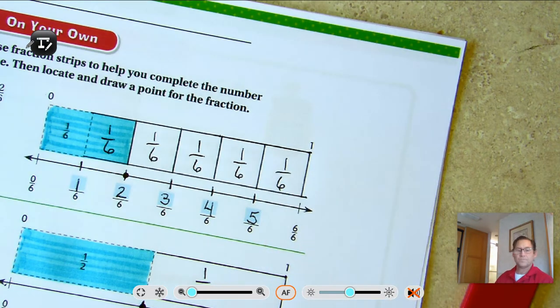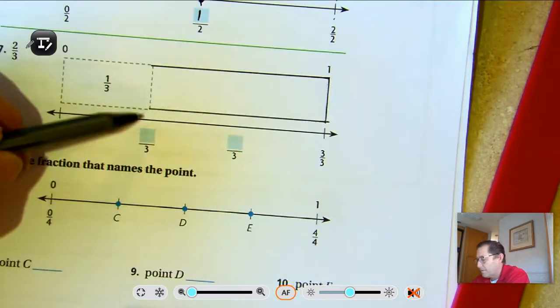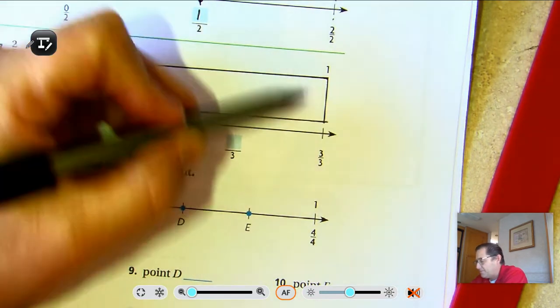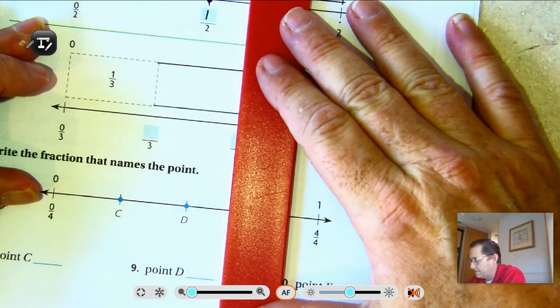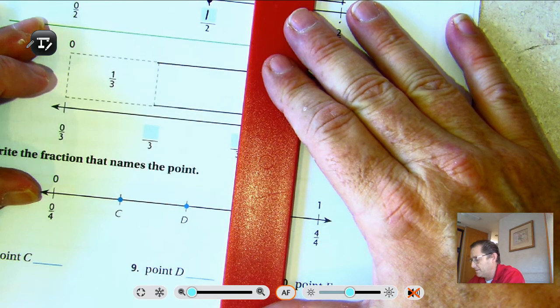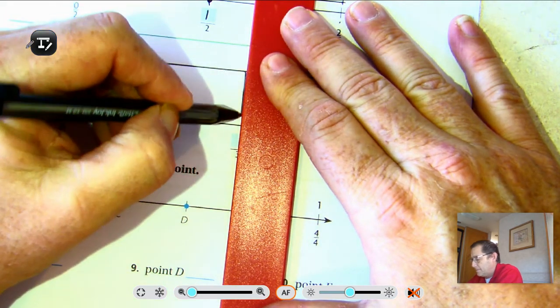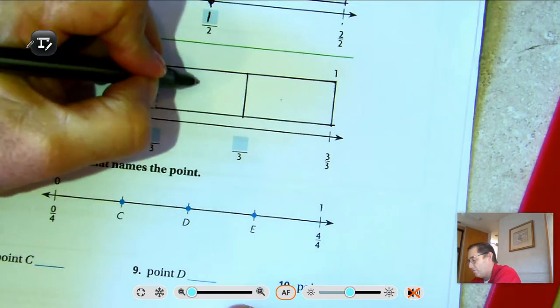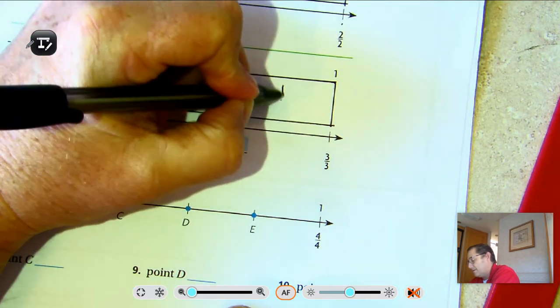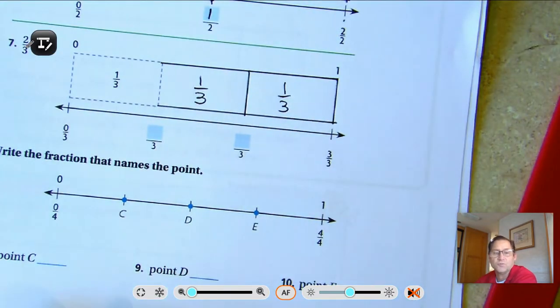And then in the middle of each of these fractions, we're going to put the end of the fraction strip. Okay, so 1, 2, 3 equal parts. Each fraction strip is 1/3.